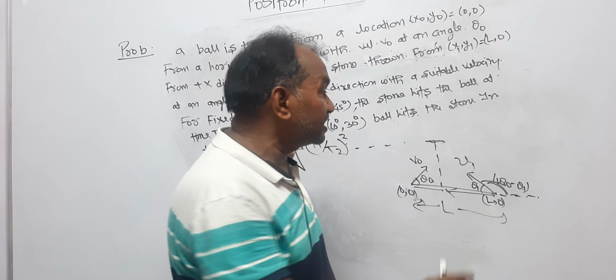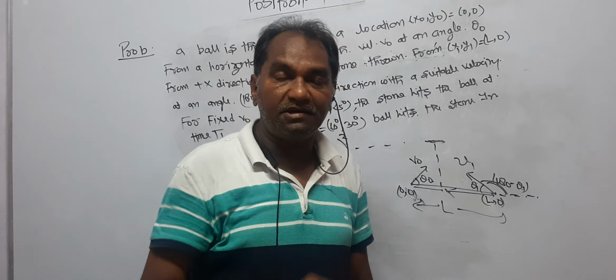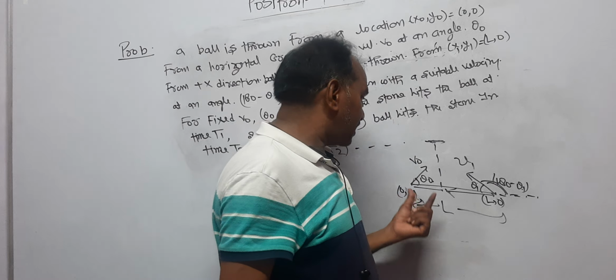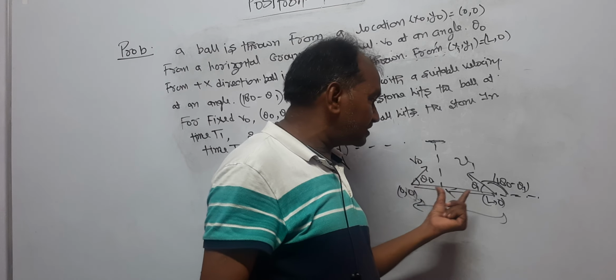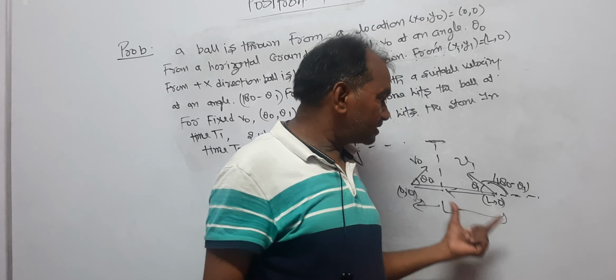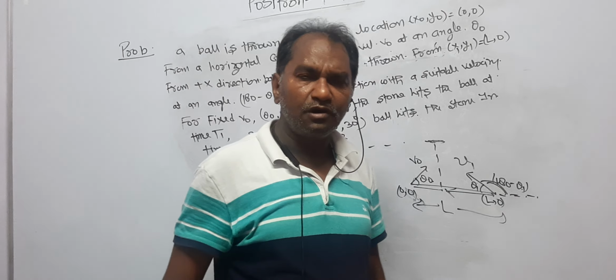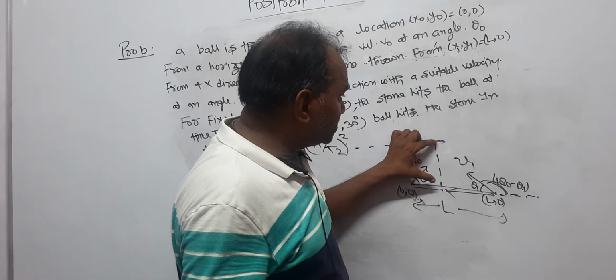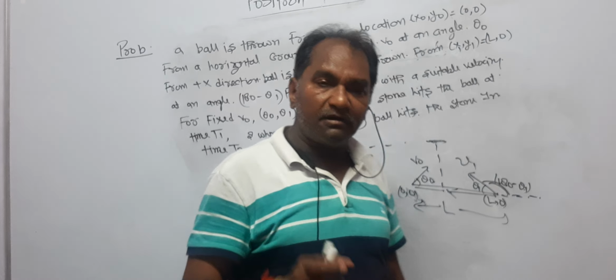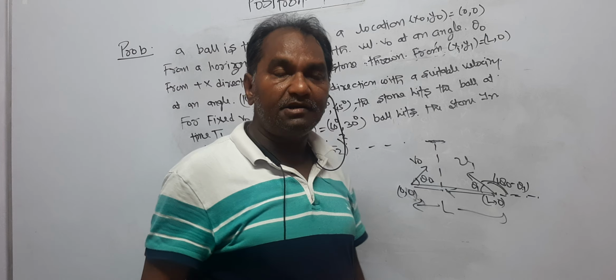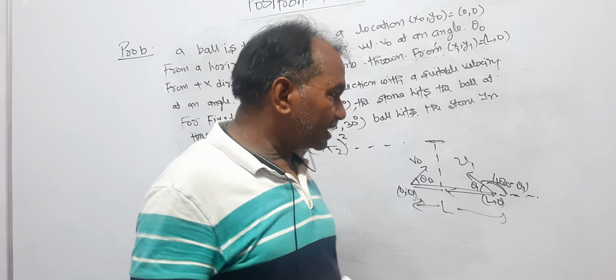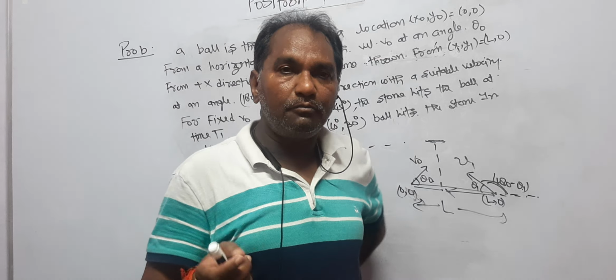In the meantime they travel the same vertical height. This one travels this much horizontal distance and this much horizontal distance is traveled by the stone. Now dear student, in the same time they travel the same vertical height in order to collide, in order for the stone to hit the ball.